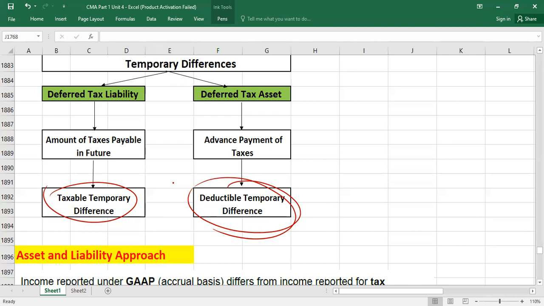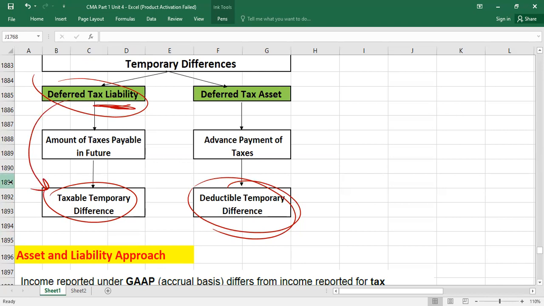Let's assume in the question they ask you: taxable temporary difference results in what? A taxable temporary difference would always result in deferred tax liability, because it is a taxable temporary difference on which you have to pay tax. It means any difference which will lead to deferred tax liability is known as taxable temporary difference.